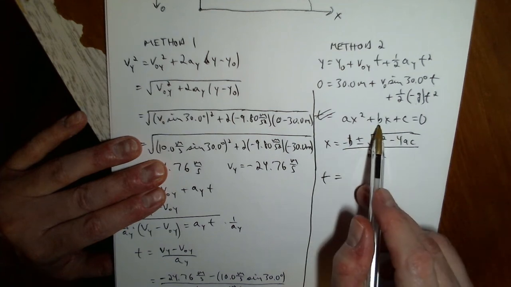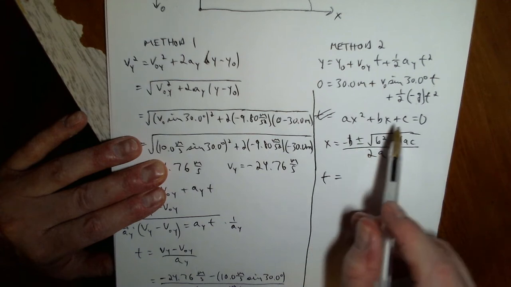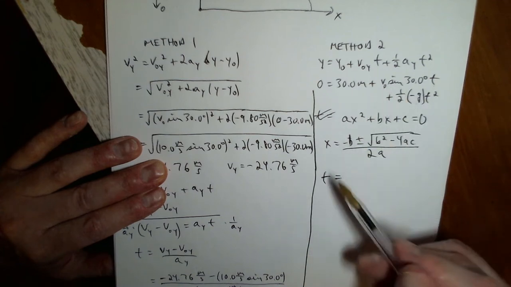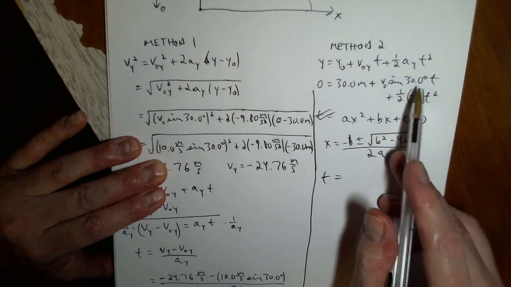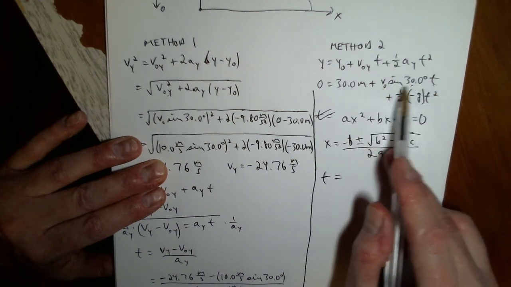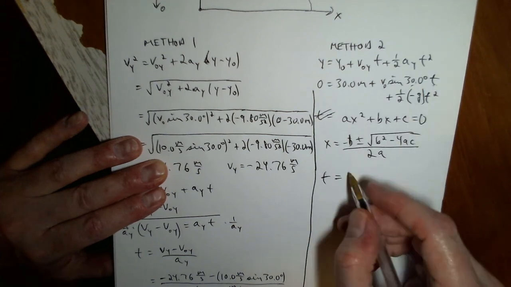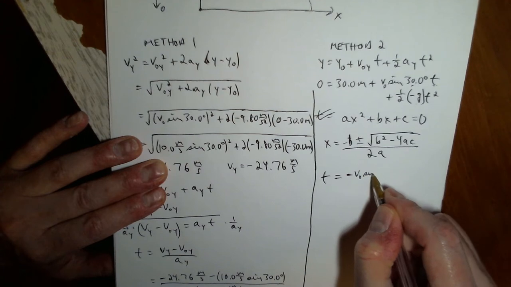B is the thing that multiplies your variable to the first power. Up here, I'm solving for t, not x, so t is my variable. The thing that multiplies t to the first power is v sub naught sine 30 degrees. So b is v sub naught sine 30 degrees.